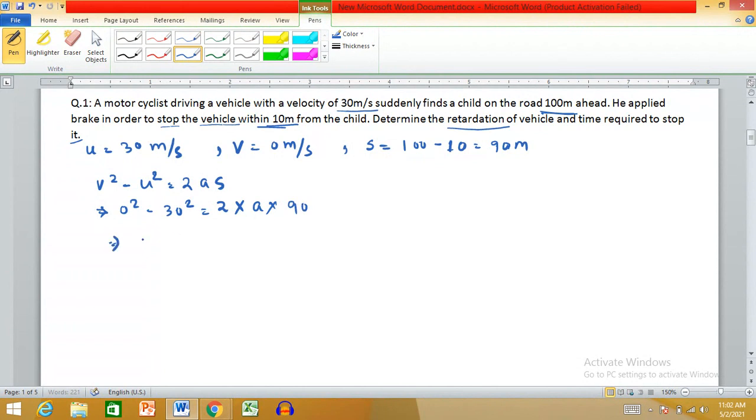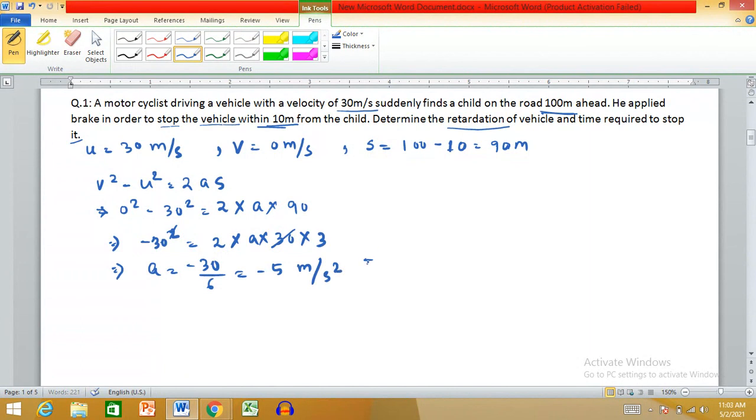So minus 30 square is equal to 2a into 90. I am simplifying 30 for easy calculation. Here this will cancel. So when you divide, a is equal to minus 30 by 6, that is minus 5 meter per second square.